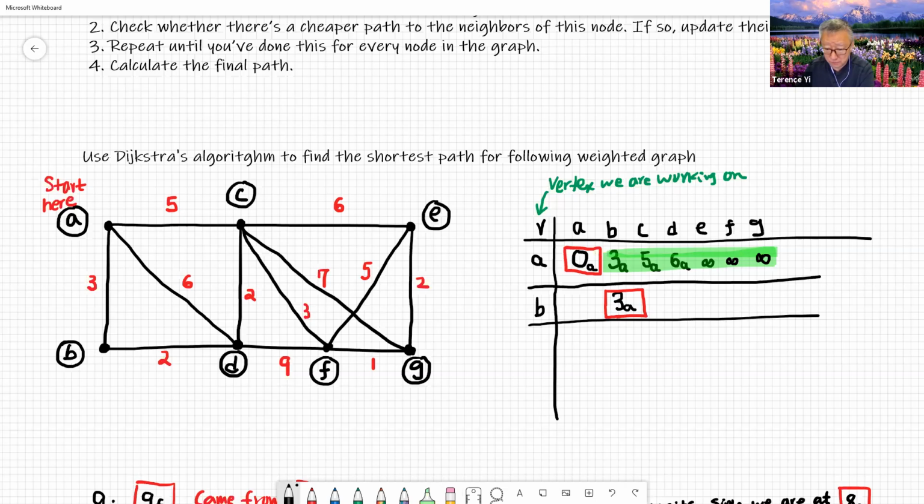Now A, we don't have to worry about because it's already done, because the box is in there. So B, this is what we are working on right now. Now the next thing that we're going to be working on is going to be C. I'm going to make this box a little bit smaller so you guys can see.